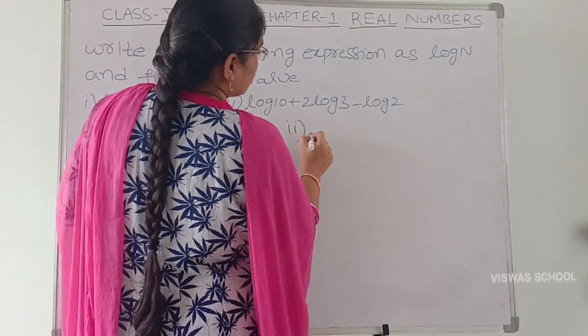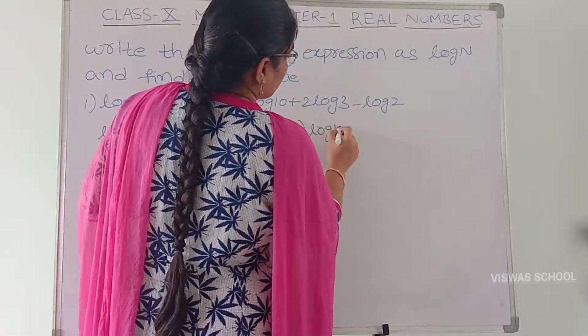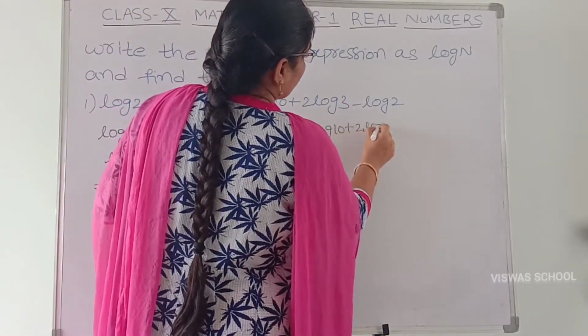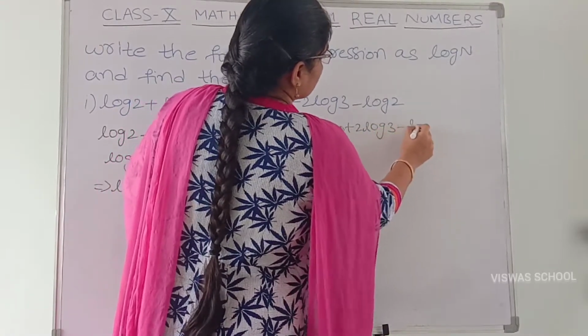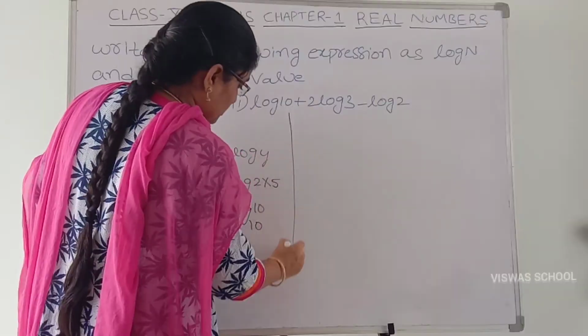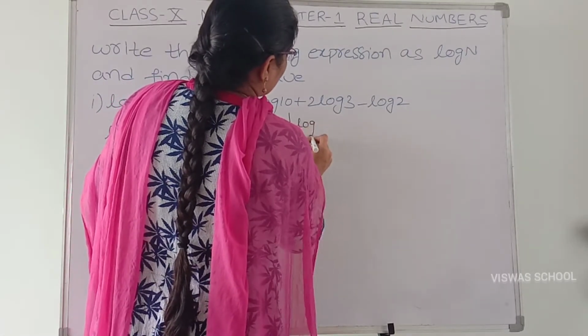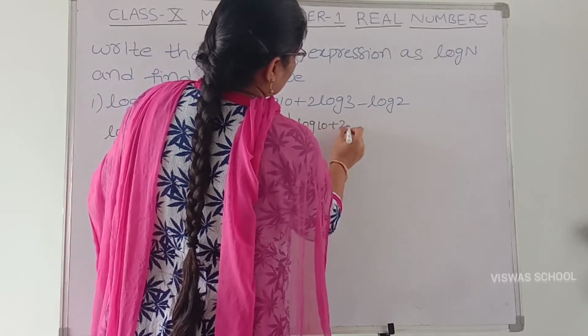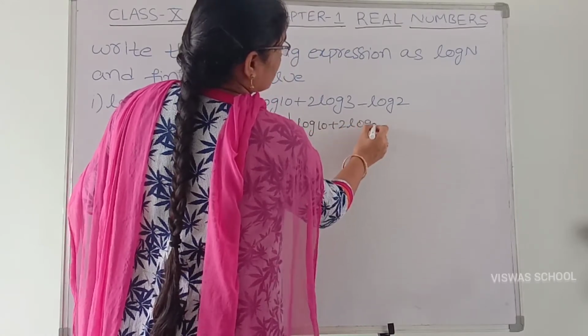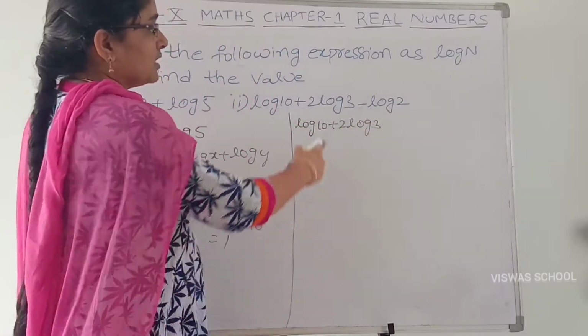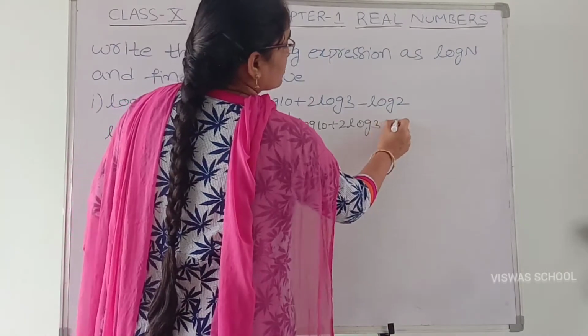Now the second one is log 10 plus 2 log 3 minus log 2.